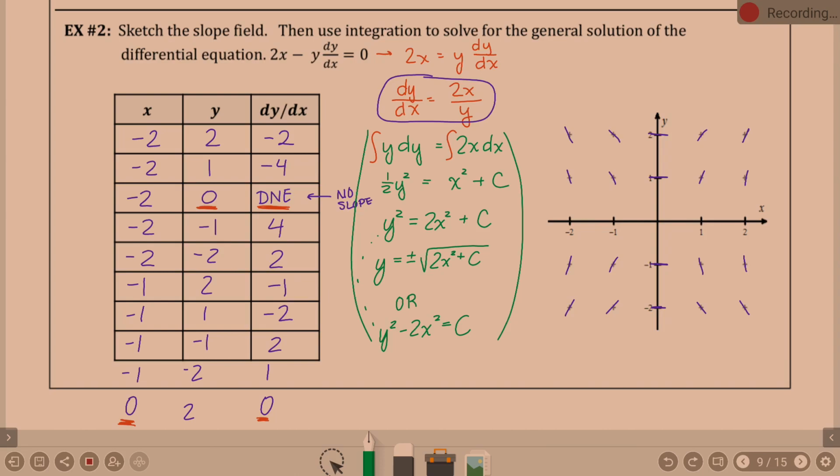Okay, so we'd have them going up and going down. Remember, hyperbolas can go out horizontally along the x-axis, or vertically along the y-axis.